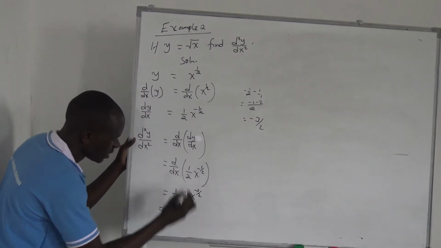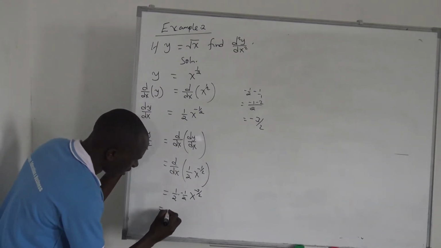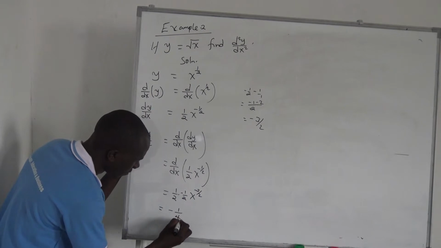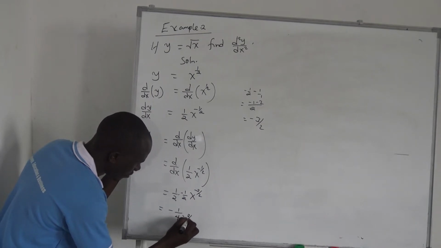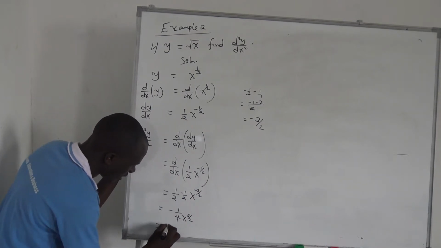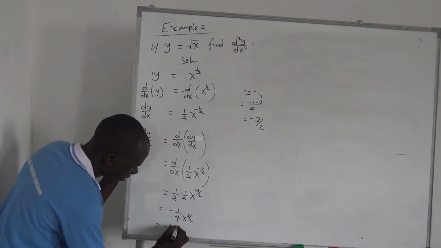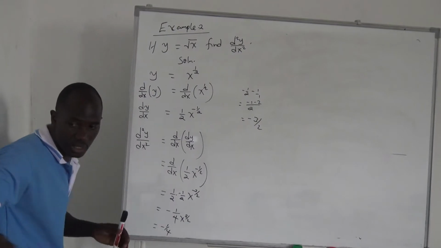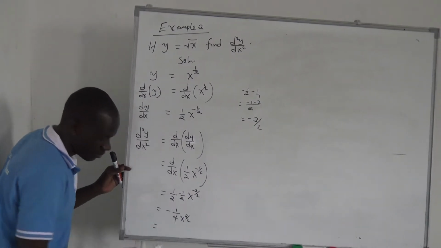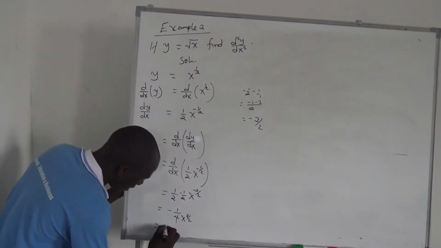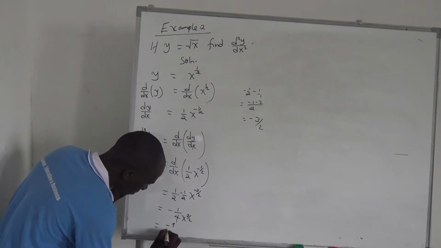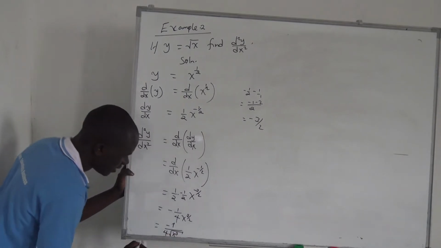From the use of indices, you can bring it down. You get negative 1 over 4 x power 3 out of 2, which is the same as negative a quarter, or you can just say it is negative 1 all over 4 root of x cubed.